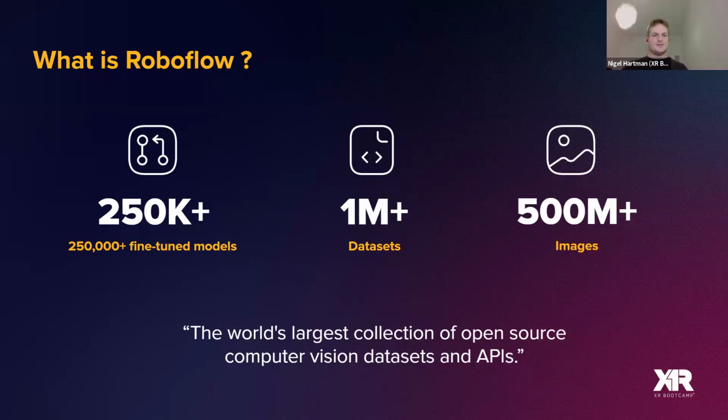So what does Roboflow offer? There are more than 250,000 fine-tuned models, fine-tuned on specific use cases, like tracking a specific object, just bananas or just apples or anything else. We had it for Rubik's cubes, for example. So there are so many models.